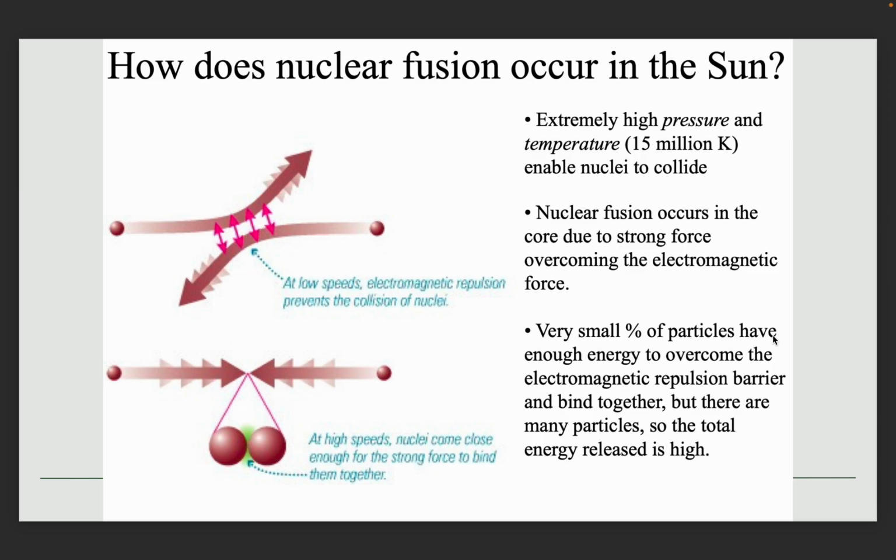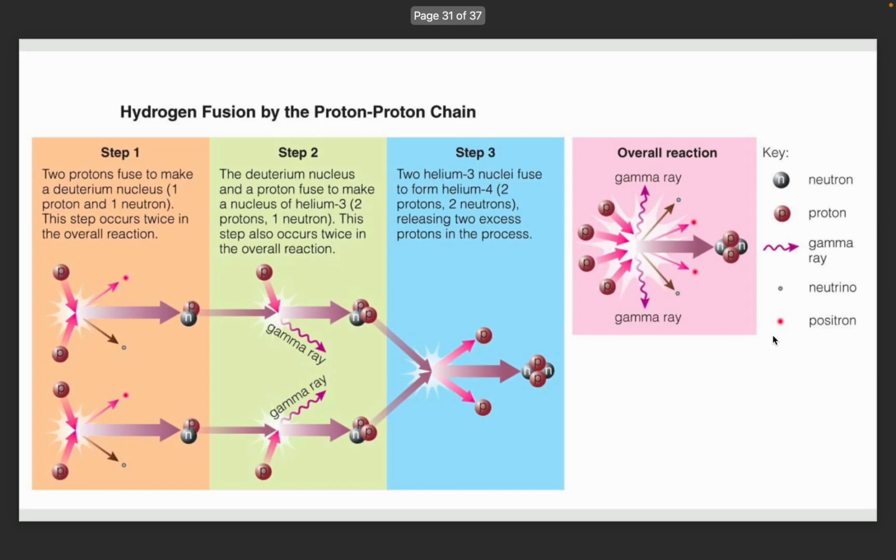At lower speed, the electromagnetic repulsion between the two hydrogen nuclei, that are the two bare protons, will cause repulsion. At very high speed, the nuclei come close enough to overcome the electromagnetic force, and they bind together and can form deuterium.